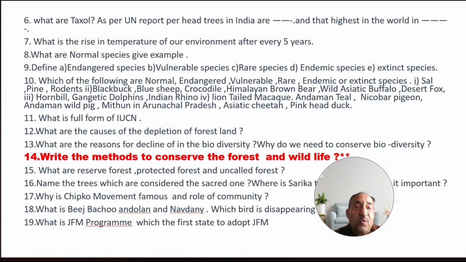Next, which of the following are the normal, endangered, vulnerable, rare, endemic, or extinct? Sal, pine, rodent, black buck, blue sheep, crocodile, Himalayan brown bear, wild Asiatic buffalo, desert fox.